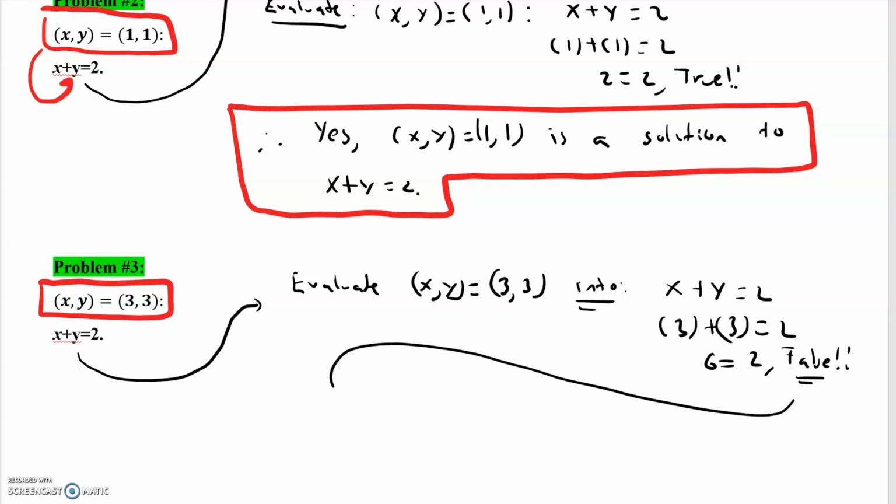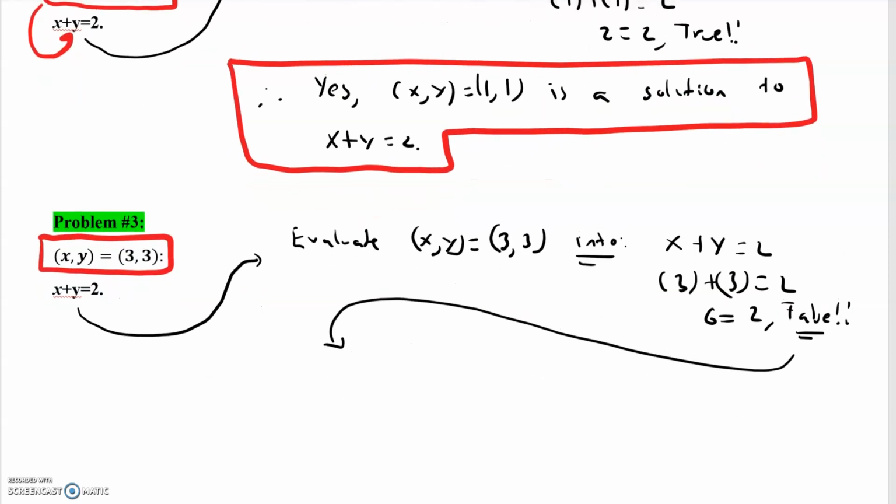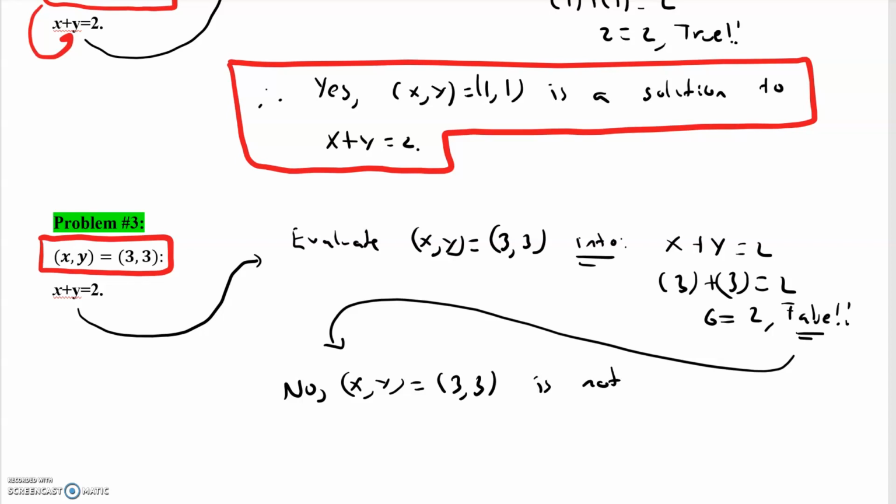Because of this false statement, that is sufficient to say no. In this case, x comma y, which is equal to 3 comma 3, is not a solution to x plus y is equal to 2.